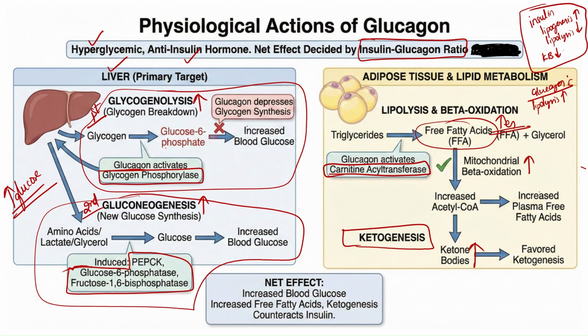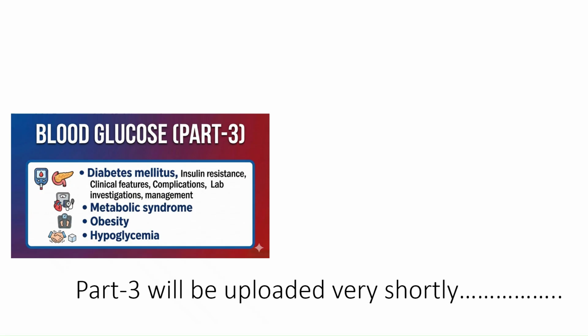The free fatty acids undergo beta oxidation, and therefore there will be increased acetyl-CoA, increased plasma free fatty acids, and it also increases the ketone bodies, exactly opposite to insulin. So glucagon increases the blood glucose, increases the free fatty acids, and increases the ketone bodies. These are the actions of glucagon.